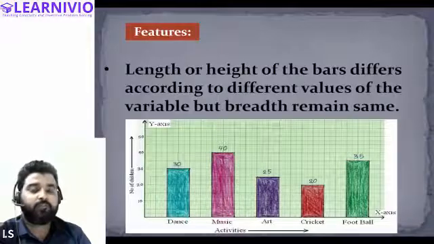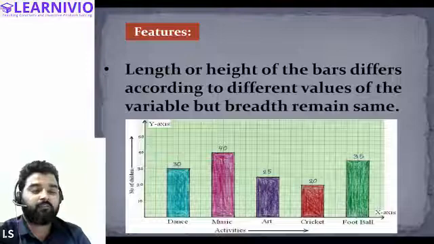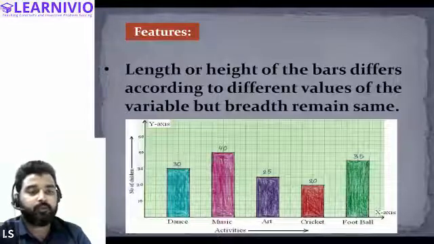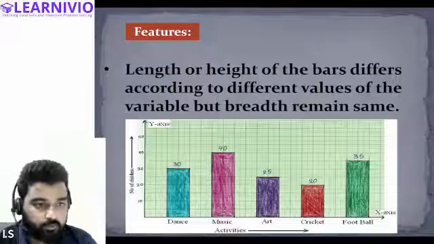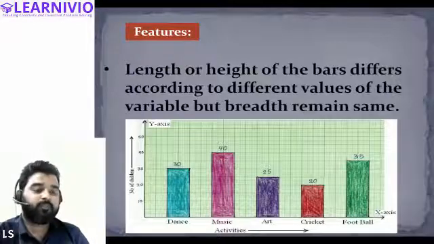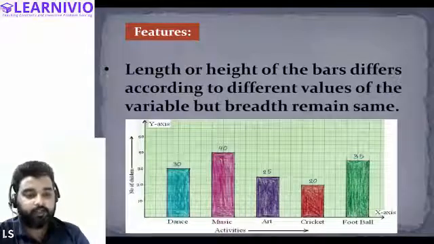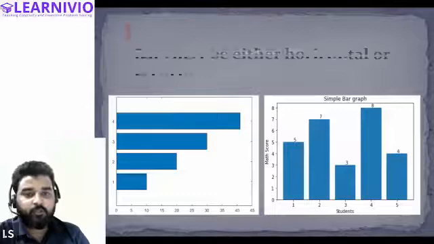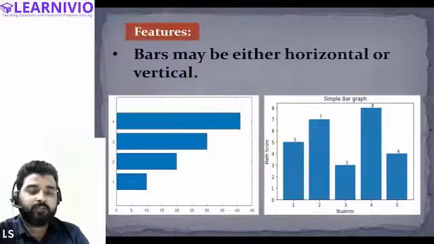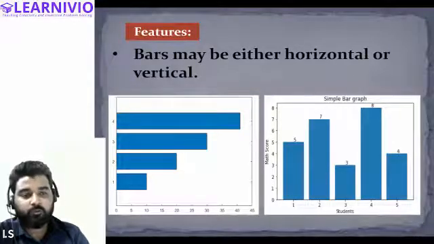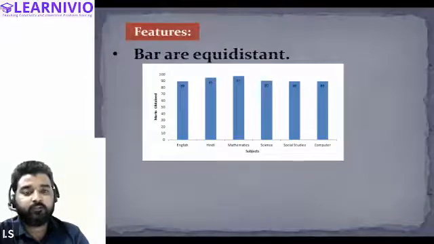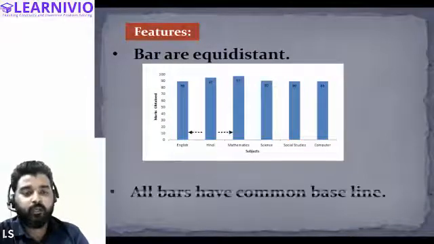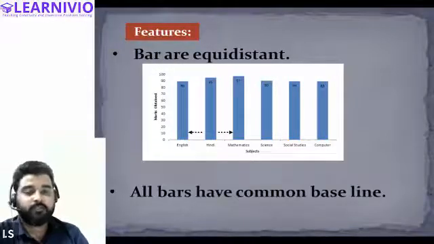One feature of the bar diagram is that the length and height of each bar differs according to the value and variables, but the breadth of each bar remains the same. These can be horizontal, and they can also be vertical. Other than this, I have told you that bars are equidistant from each other and all bars have a common baseline.